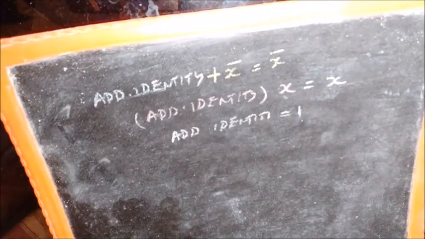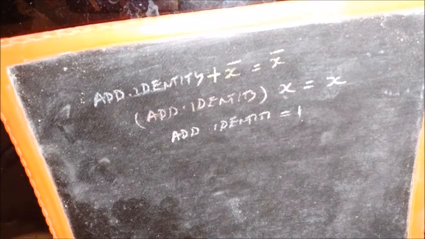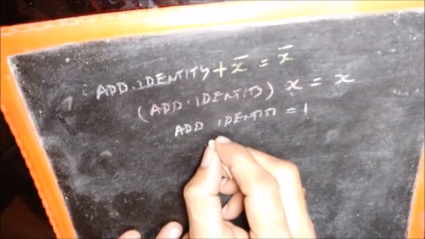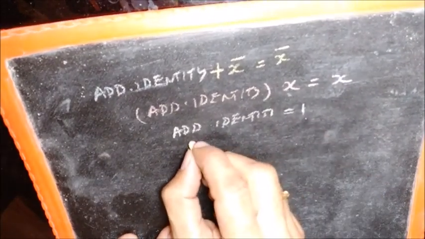So the positive real number 1 from the set of all positive real numbers plays the role of the additive identity.